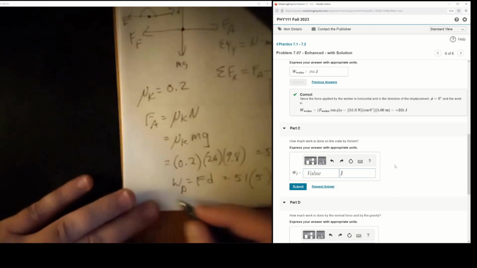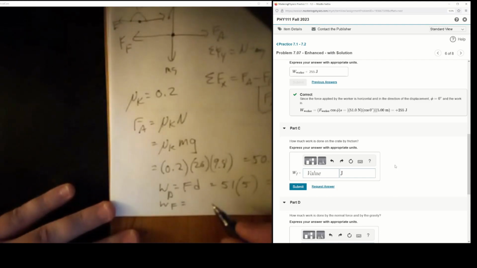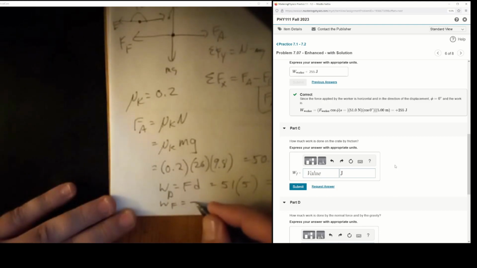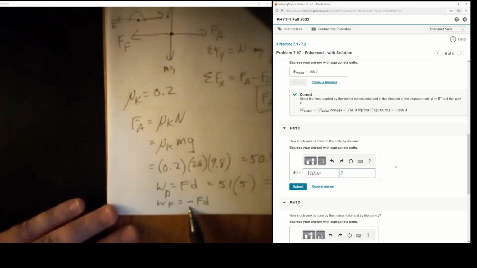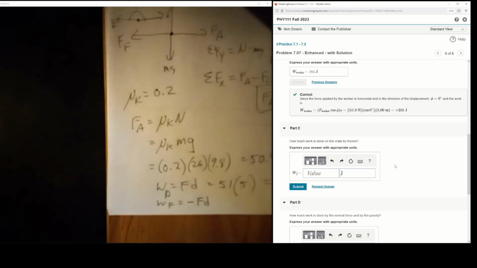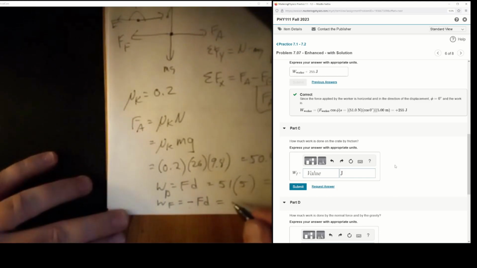So when I look then at the work done by friction, cosine 180 is minus, and then we have the force of friction times our displacement. So friction should always have a minus sign because it takes energy away. And that's what the minus sign means. It means it's taking energy away.